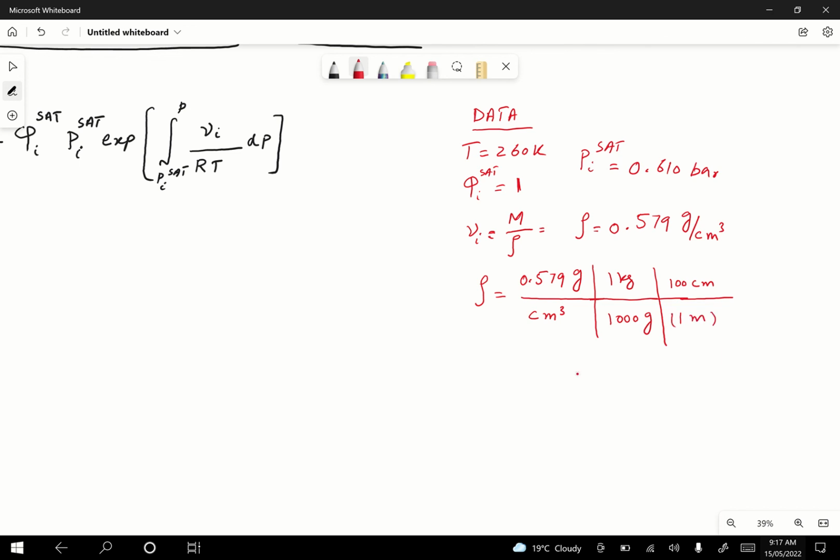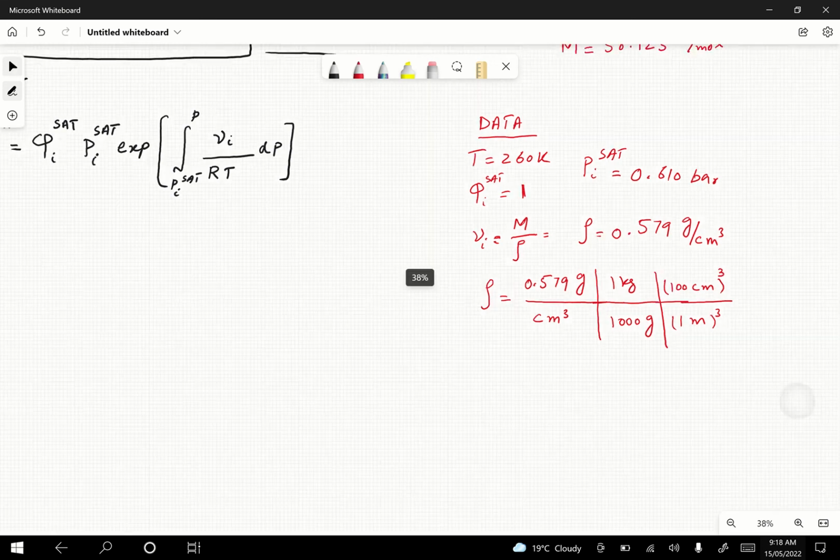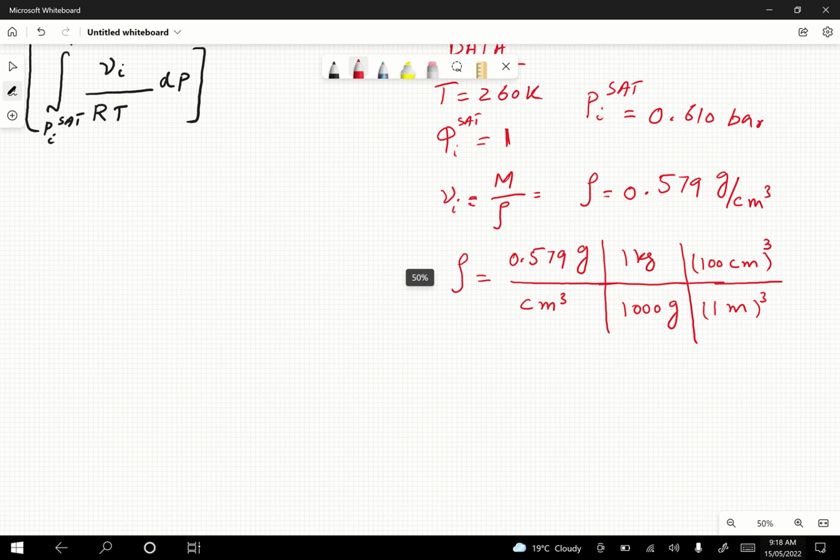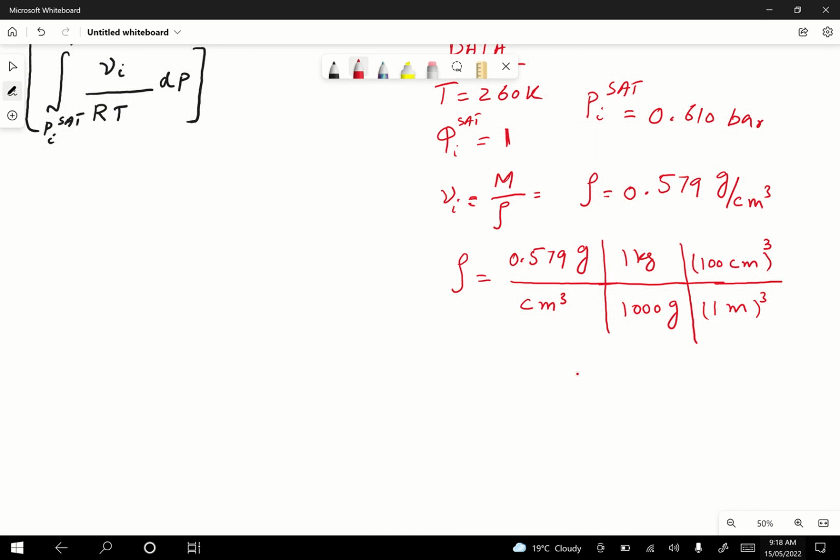So we can take the cube on both sides. Now you can see that as a result gram will be cancelled with gram, cubic meters will be cancelled with cubic meters, so we will get kilogram per cubic meter. So basically this is how it looks.